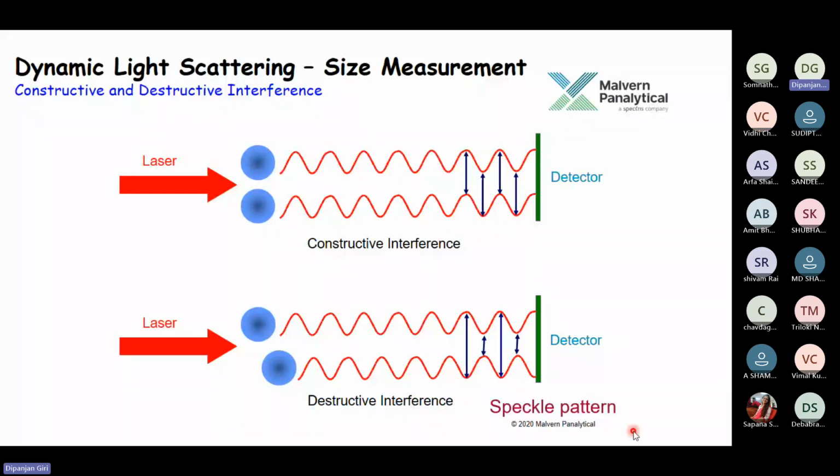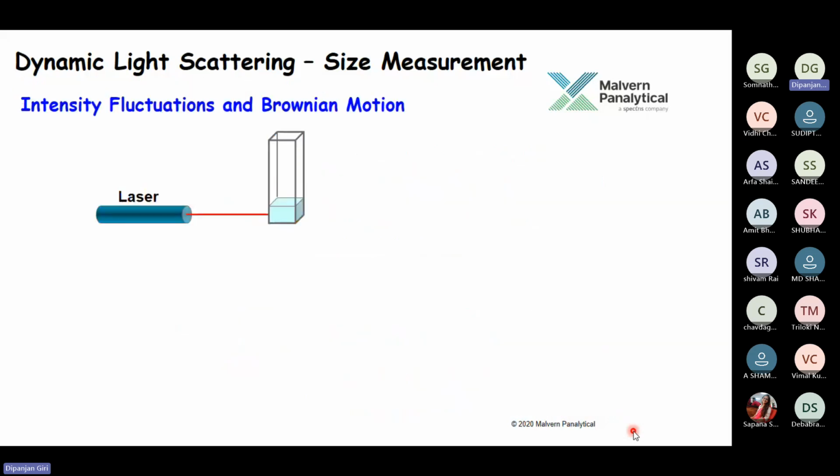So the response received by the detector is continuously changing. That is why the intensity received by the detector fluctuates, and this intensity fluctuation is what the technique records in order to derive the particle size by deriving the translation diffusion coefficient D.